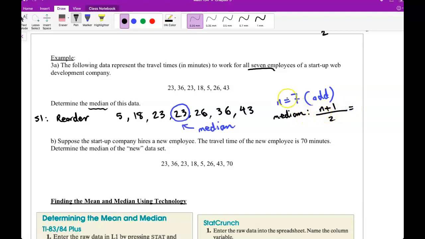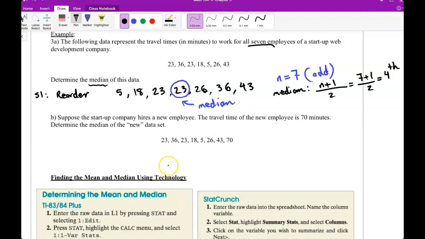The number of observations, n, is 7. So 7 plus 1 divided by 2, and this is 4th place. Okay, so the answer for that part, the median is equal to 23.